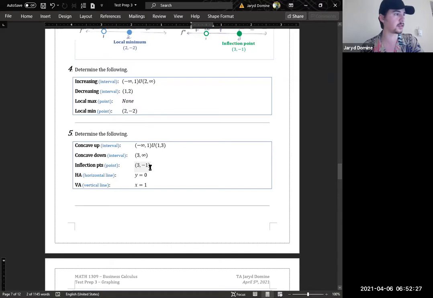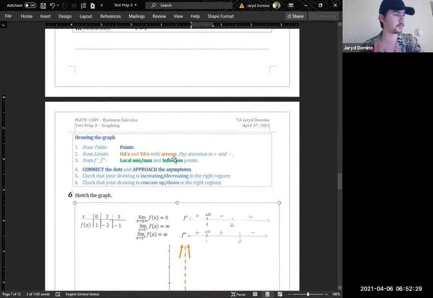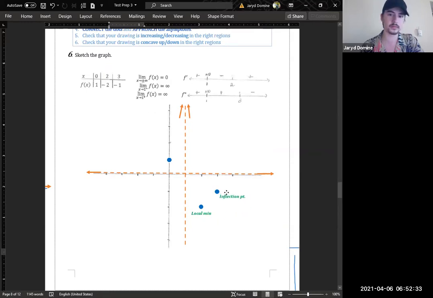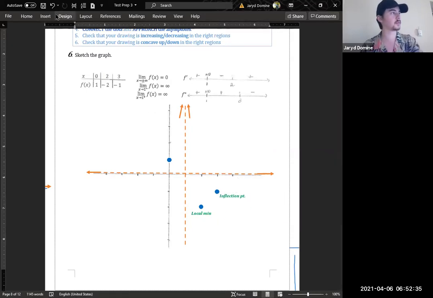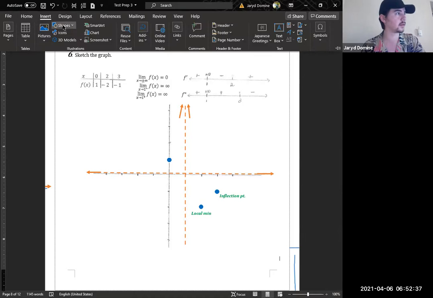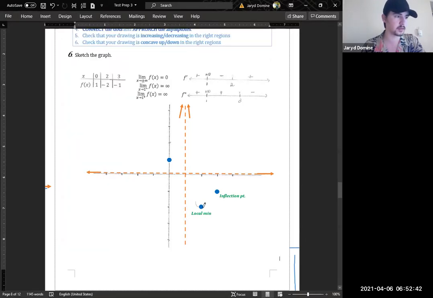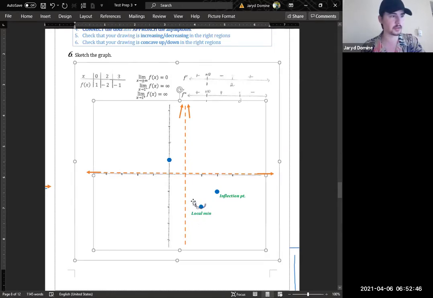And then (3, -1) is an inflection point. Okay, so I'm just going to label those for my sake. And so real quick, what a local minimum is going to look like, it's going to look like a U, sort of. We're going to go down and then come back up. And that'll help us in a second.